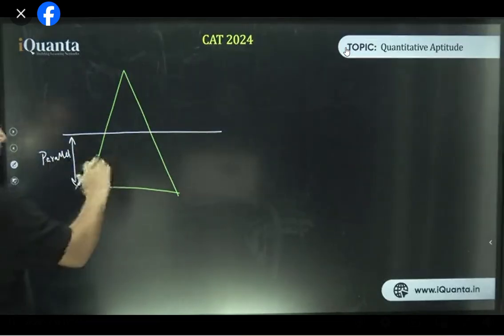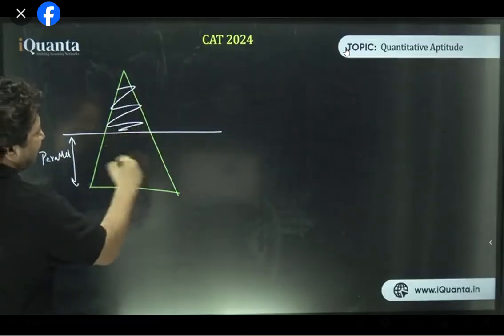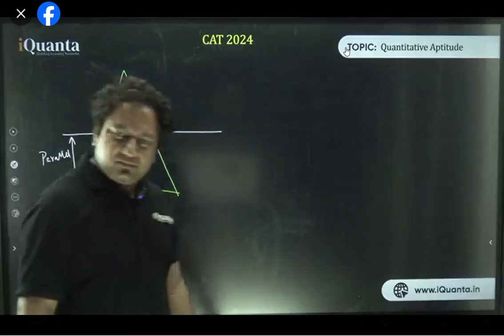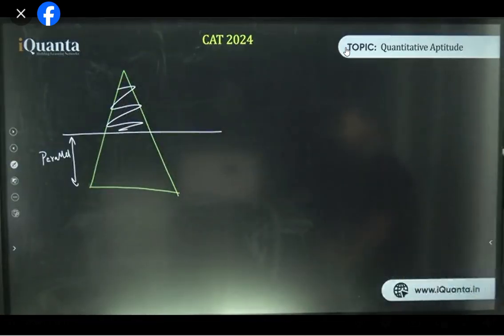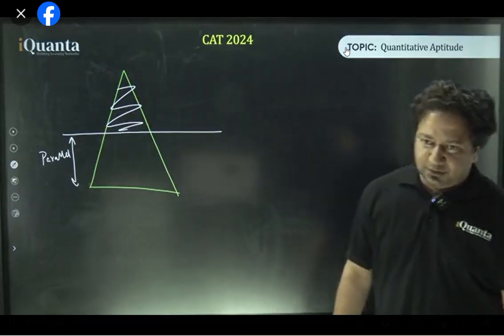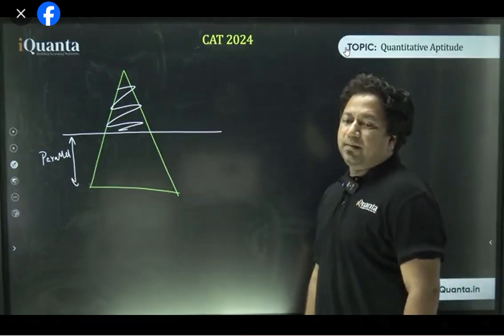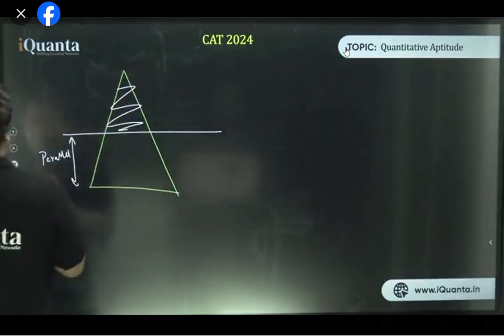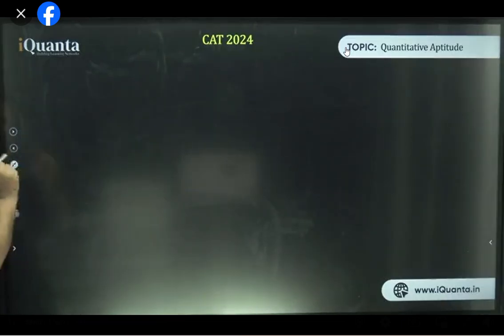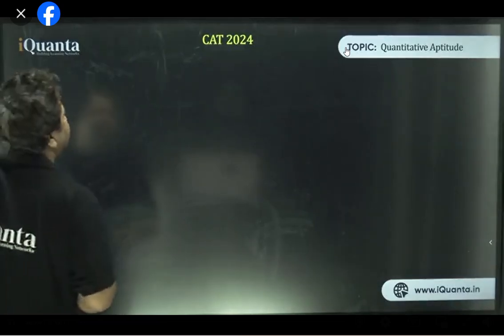Understood? Whatever you cut, remove it, and whatever is left is the isosceles trapezium. It is made by cutting an isosceles triangle. Not any triangle, an isosceles triangle. Cool? Mohit, equilateral or isosceles, both will work. Scalene will not work.